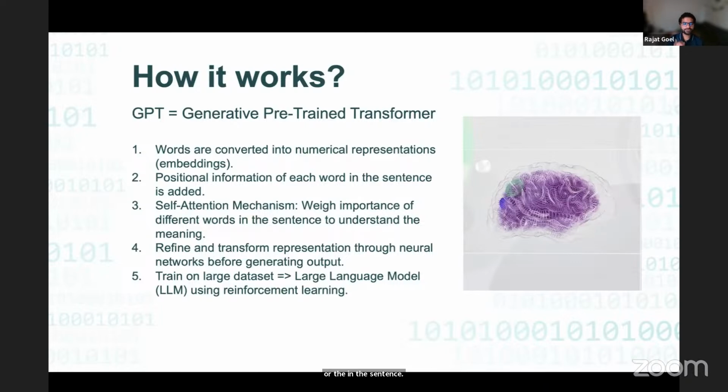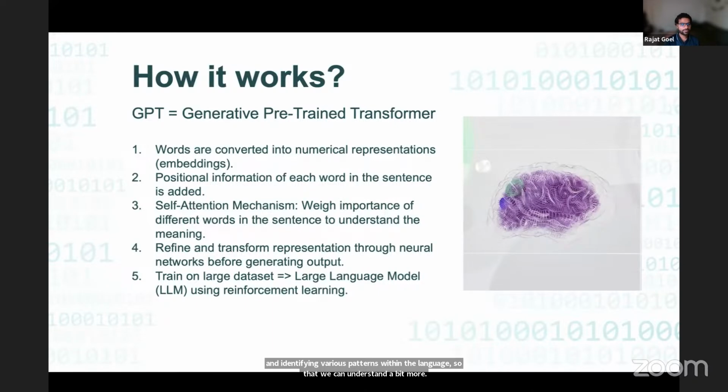We then refine and transform the representation that we have learned through neural networks before generating any output. So we fine-tune our learning based on neural networks, identifying various patterns within the language so that we can understand a bit more before generating any output.